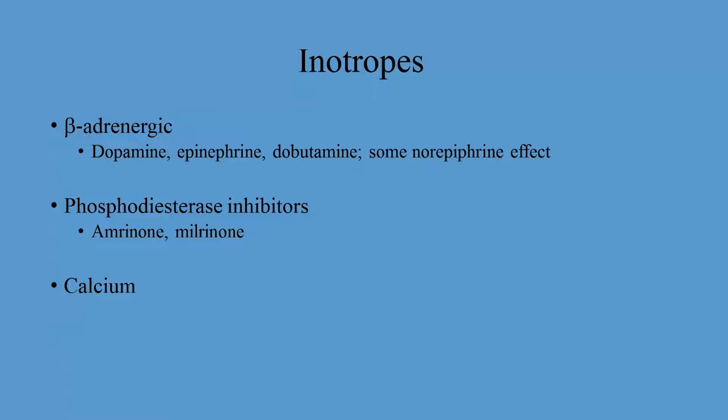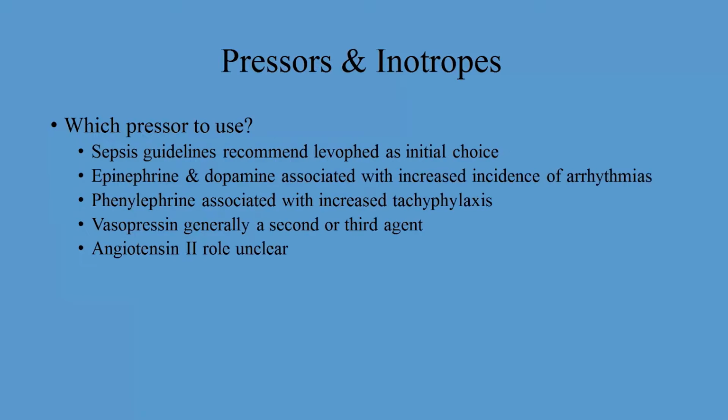All right, now the inotropes, the beta adrenergic ones we mentioned, dopamine, epinephrine, dobutamine, and norepinephrine to some effect, and the phosphodiesterase inhibitors, amrinone and milrinone, which cause increased contractility and then typically vasodilation. And then through the same mechanisms mentioned on the previous slide, calcium is also a positive inotrope.